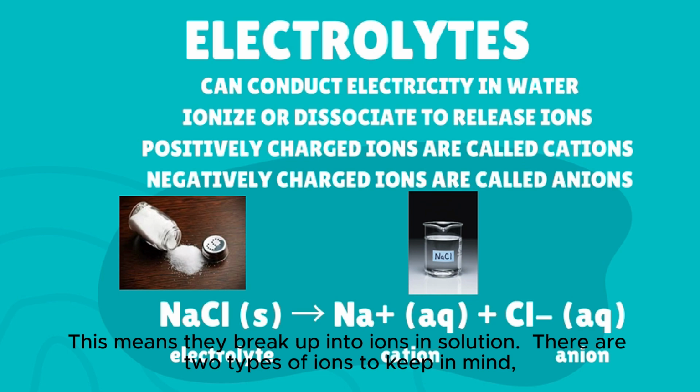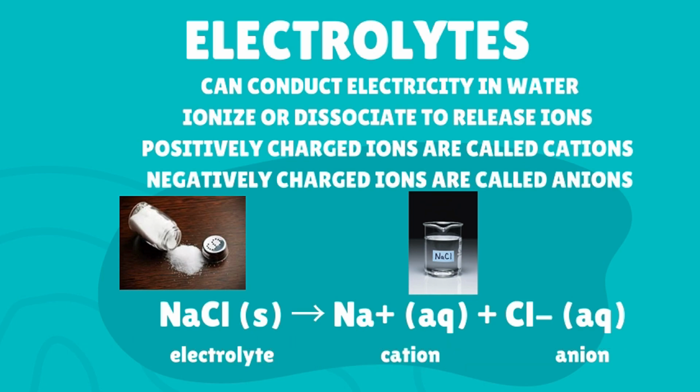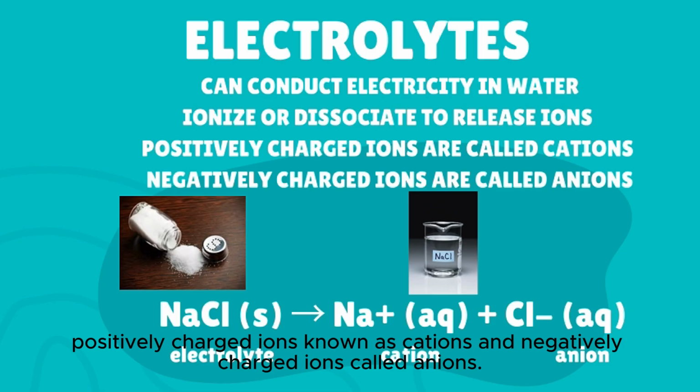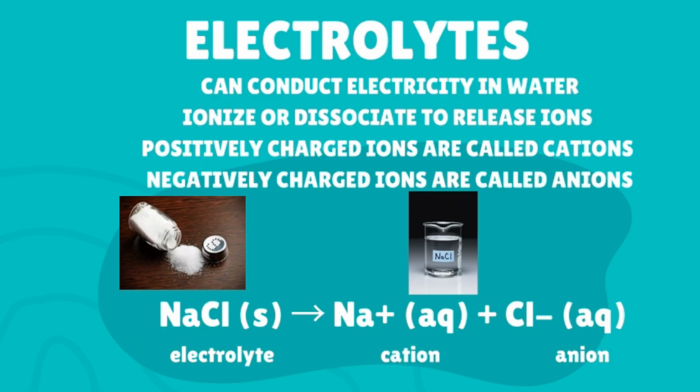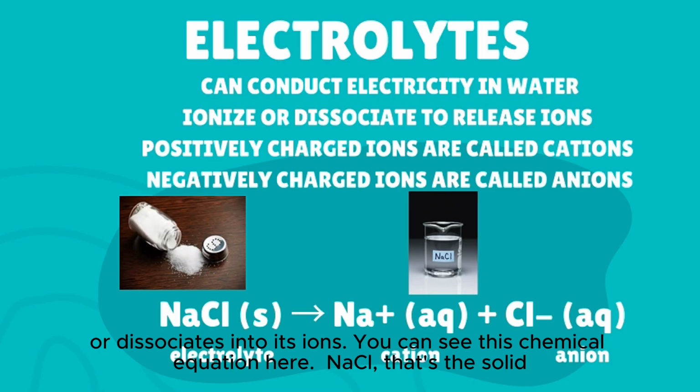There are two types of ions to keep in mind: positively charged ions, known as cations, and negatively charged ions called anions. For example, when sodium chloride, that is table salt, is added to water, it dissolves or dissociates into its ions. You can see this chemical equation here.